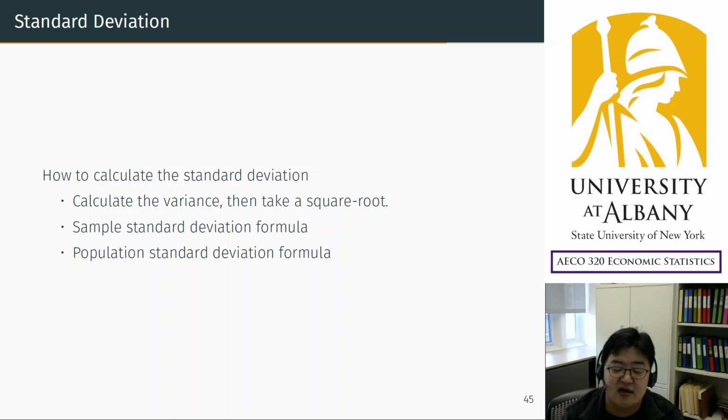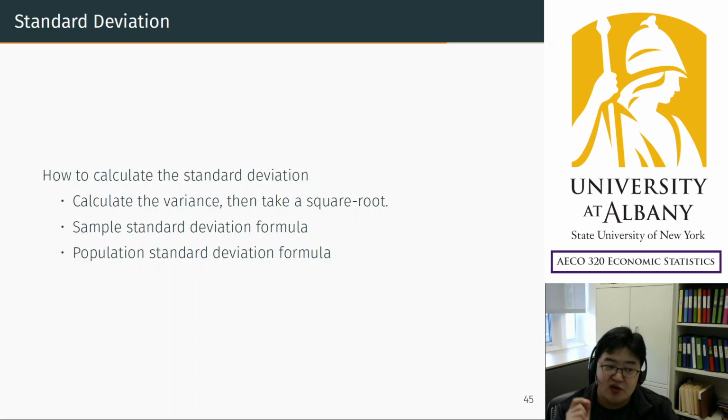The difference comes from the variance. If you calculate the variance using the sample variance formula, then the resulting standard deviation is a sample standard deviation, right? If you use the population variance formula in this step, then the resulting standard deviation is a population standard deviation. So it's intuitive, right?